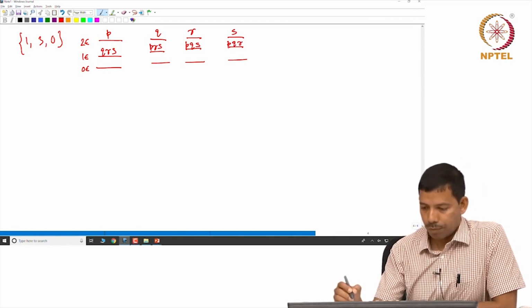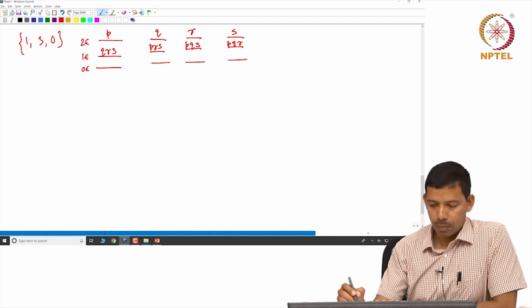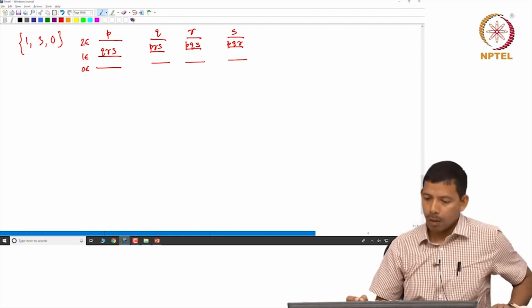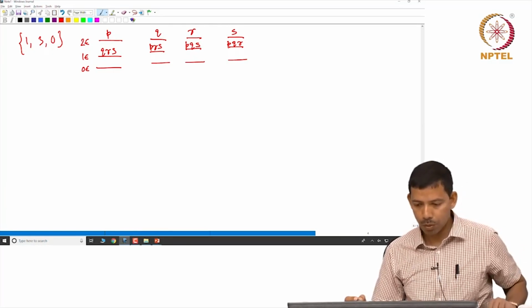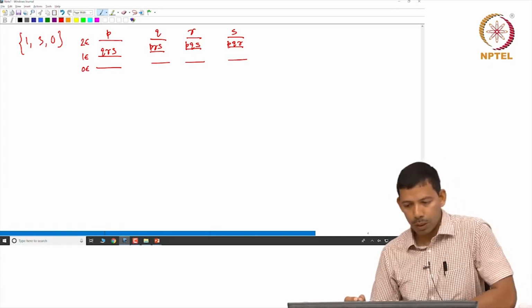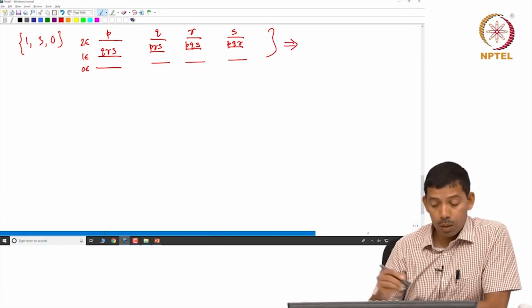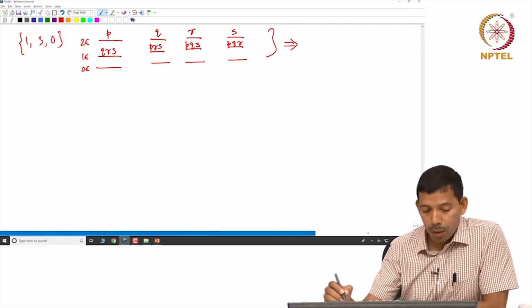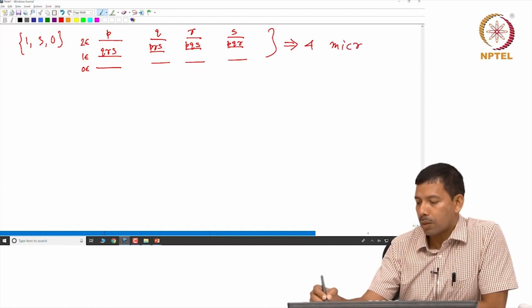So these are the four different microstates. Do you have any other microstates for this macrostate 1 3 0? I guess no. So this particular macrostate is having 4 microstates.